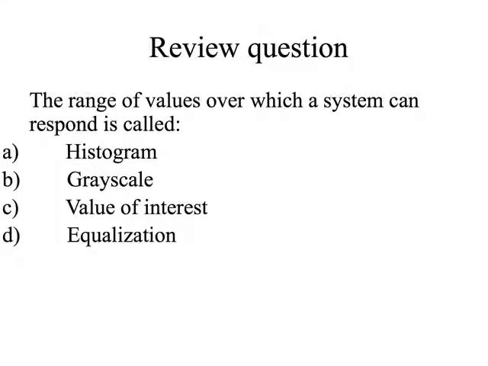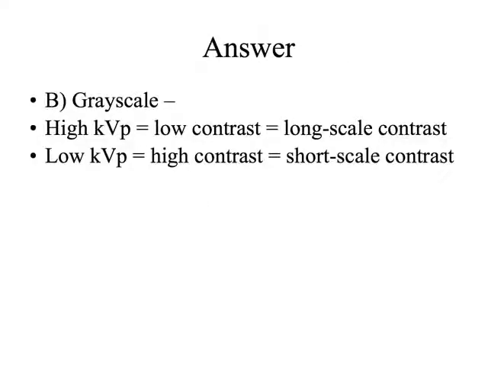So here's a quick review question. The range of values over which a system can respond, what are we going to call that? The range of values over which a system can respond. It's grayscale.